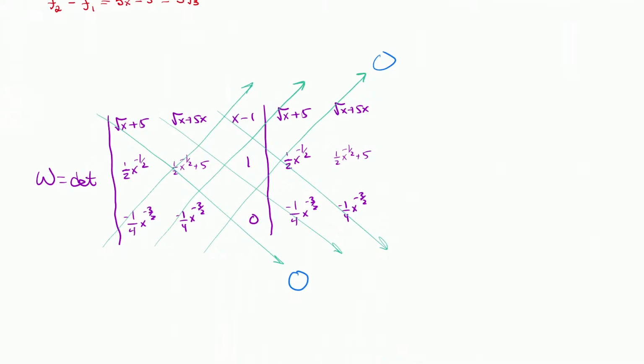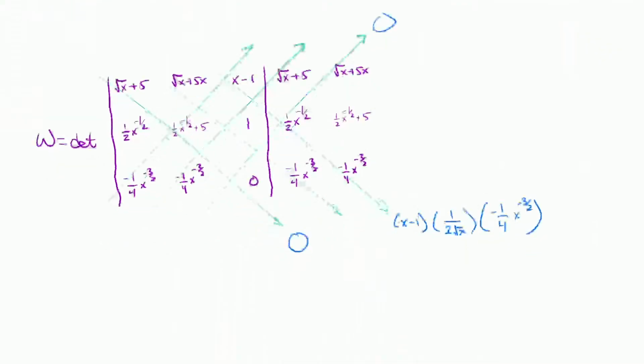Very good. So now we just have to multiply through. These aren't as bad as it looks. For example, this down diagonal, the third one, is going to be x minus 1 times 1 over 2 radical x times negative 1/4 times x to the negative 3/2.